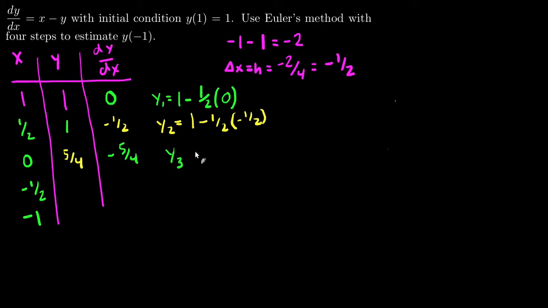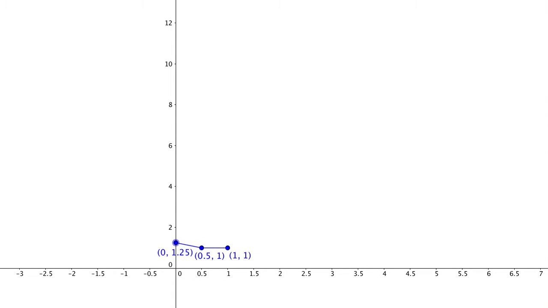My third calculated y value will equal my second calculated y value, 5/4, minus 1/2, which is my step size, times the slope. -1/2 times -5/4 is positive 5/8, plus 5/4, which is 10/8, gives me 15/8. And looking at the graph, I take a step size of 1/2 to the left, end up at -1/2, 15/8.